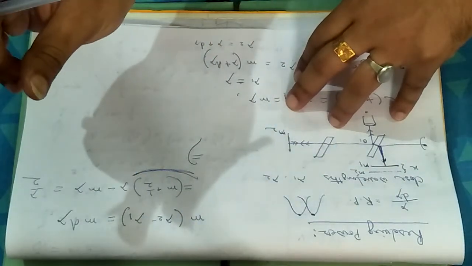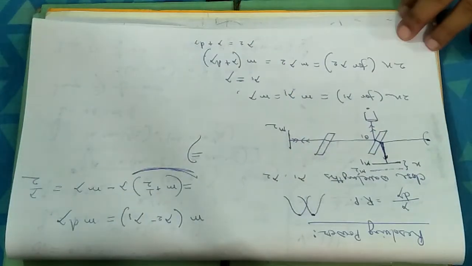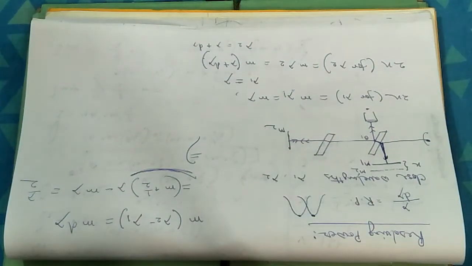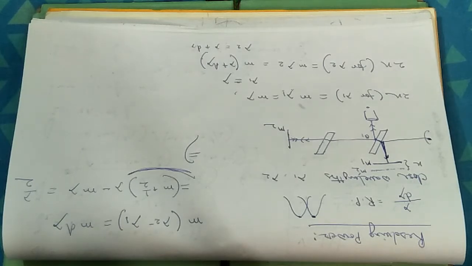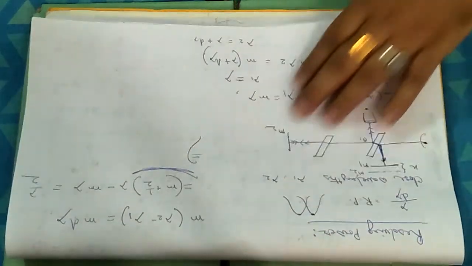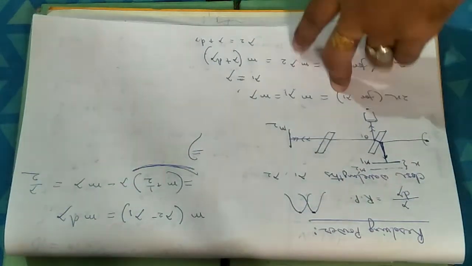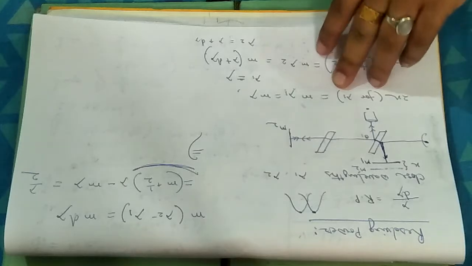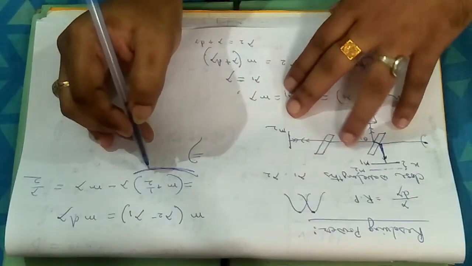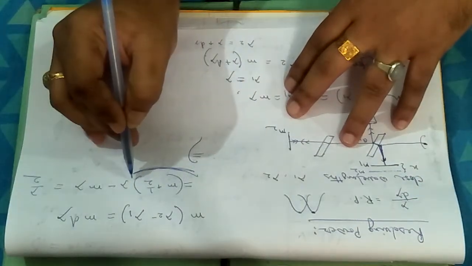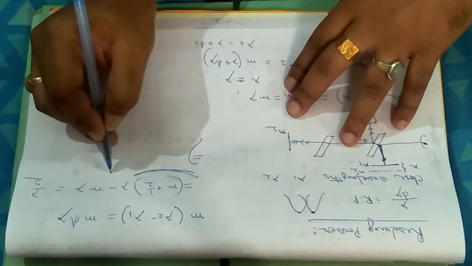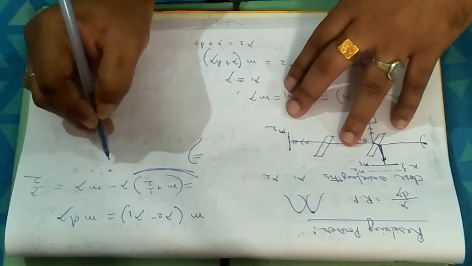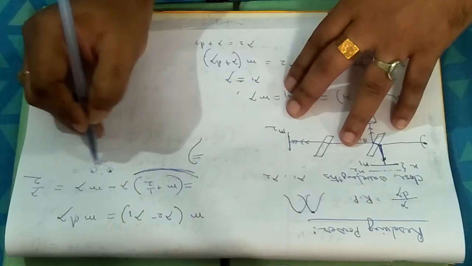A small change of lambda by 2 will change a maxima to minima. Suppose for a particular path difference I am getting a maxima at a particular point, and I change the path by lambda by 2, then the maxima will be converted into minima. So only if a small change in path difference of lambda by 2 is introduced, between two maxima I am supposed to get one minima, so that I can easily distinguish these two maxima.